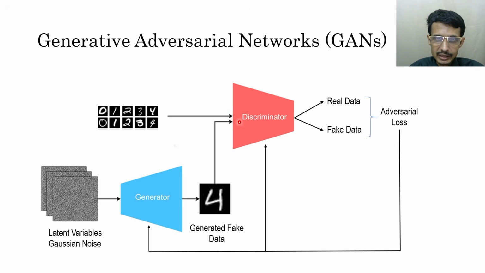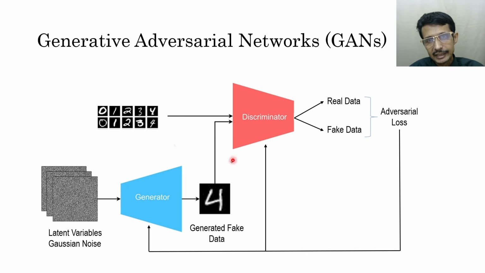The discriminator improves in that it can more effectively and accurately distinguish between fake data and real data. Whereas the generator is trained to improve in such a way that it can generate data which can fool it.